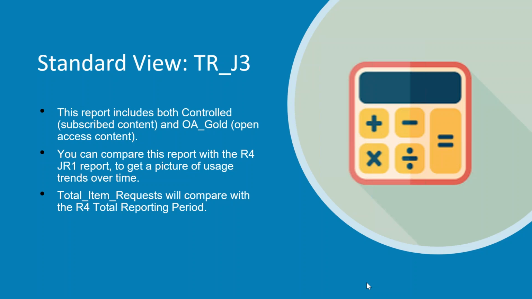So if you want to do that straight comparison with the Gold Open Access included, you need to do the TRJ3. So it's very useful for comparisons over time, and also increasingly useful as well, because many librarians want to see what use is being made by their users of Gold Open Access content, what percentage is open access content, and so on. So a useful snapshot for a number of use cases.